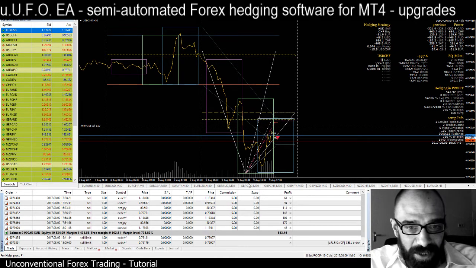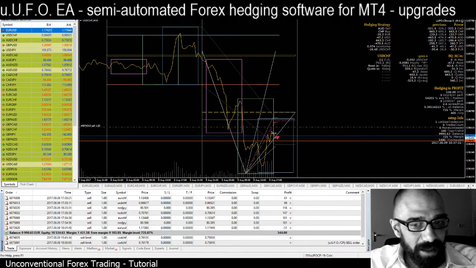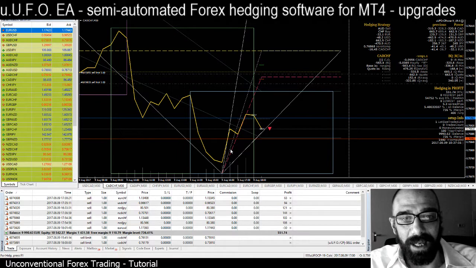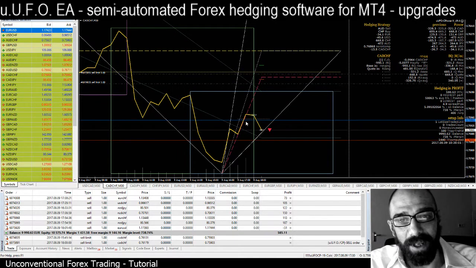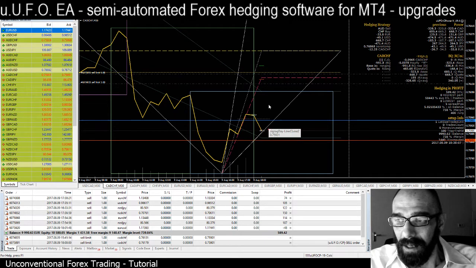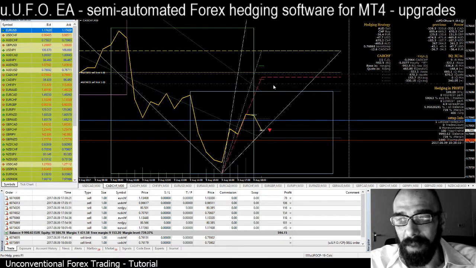Let's take, for example, the CAD Swiss franc, so we can see here. I also added this feature, this pink level here, which designates in every currency pair the appropriate level where to place the orders of buying or selling.